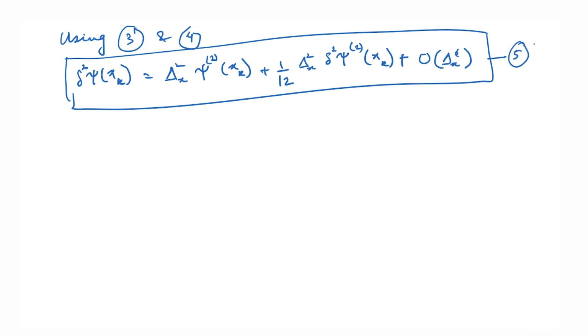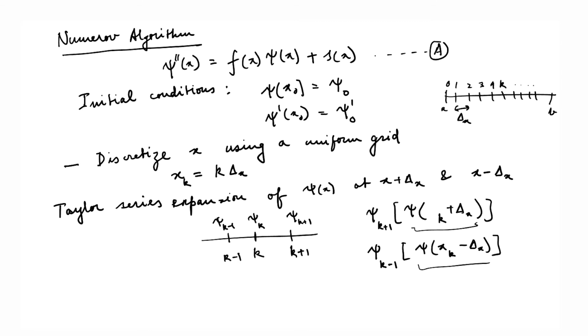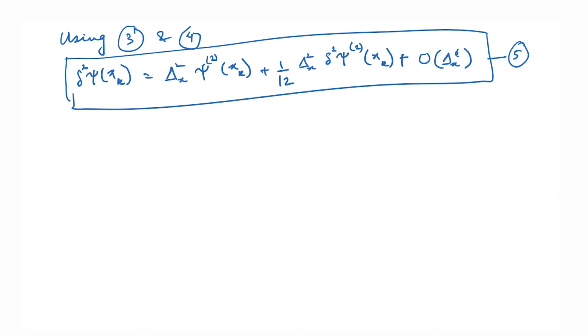Now, just to recollect, we started off with this differential equation, which is the one I am solving at present. This differential equation gives me the second derivative of psi x. So, we will use that fact here. As per the differential equation, my second derivative of psi is given by f x psi x plus s x.